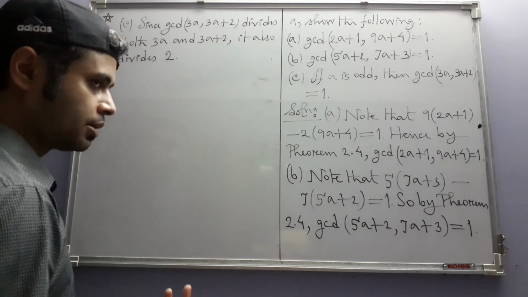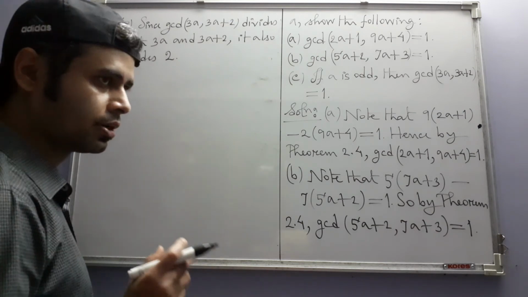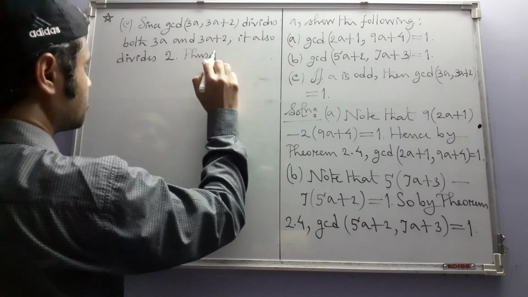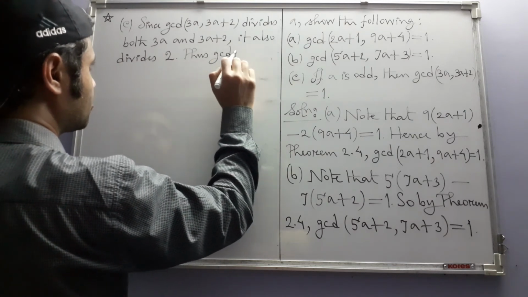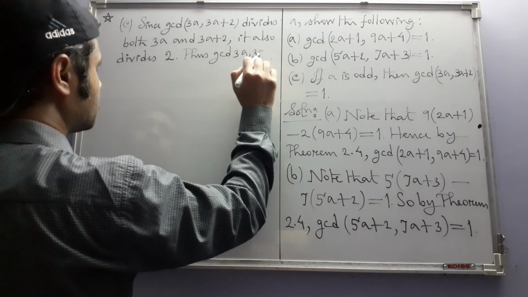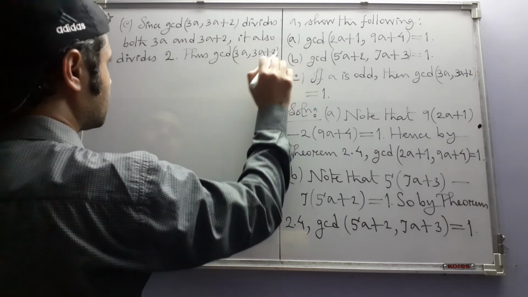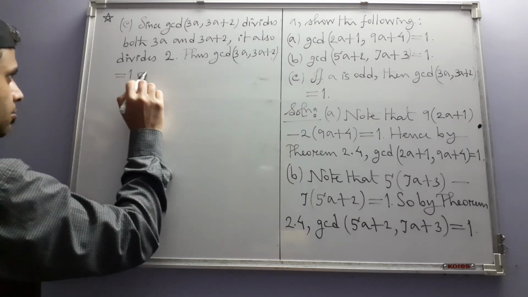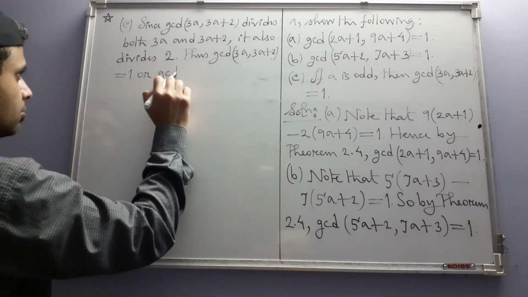Now 2 being a prime leaves us with only 2 options. Since it divides 2, it is either equal to 1 or equal to 2.